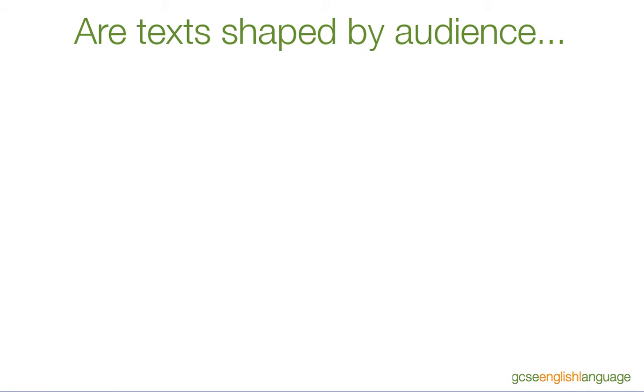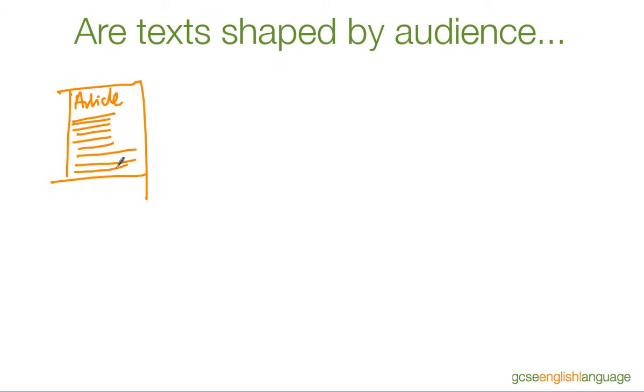As I said, a question you can ask here is, are texts shaped by the audience? What I mean by that is, if we have our newspaper article with its image and so on, who determines what's in that newspaper article? Is it the readership?